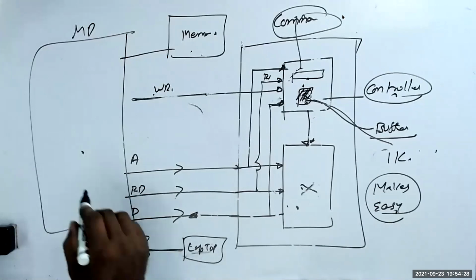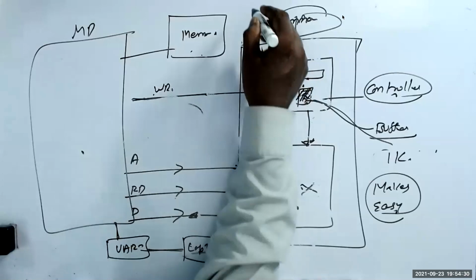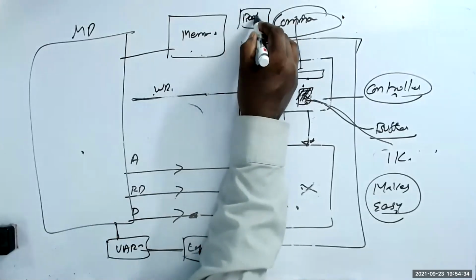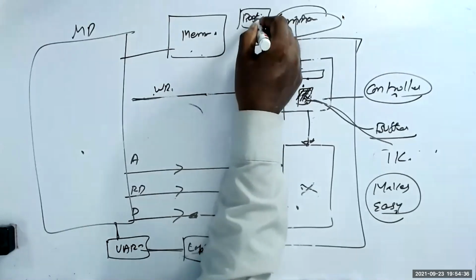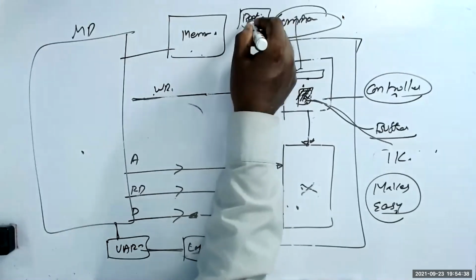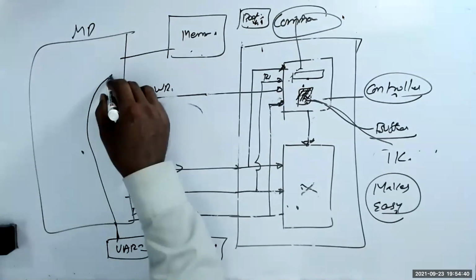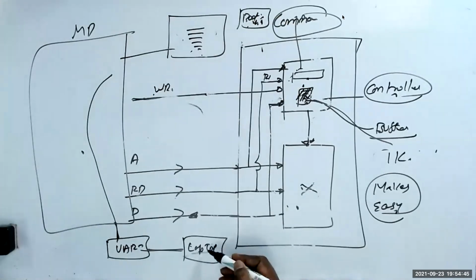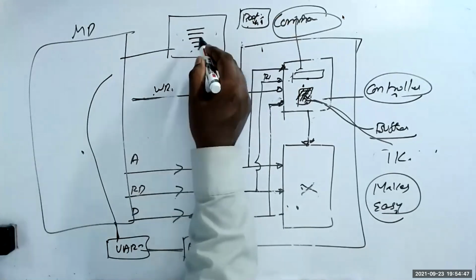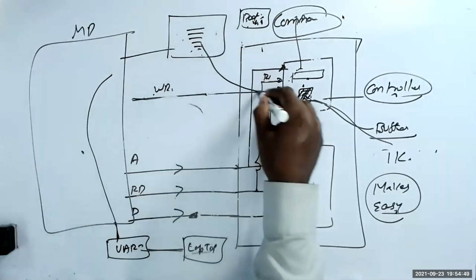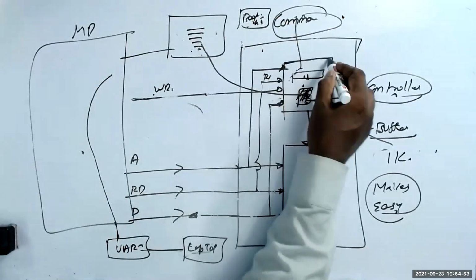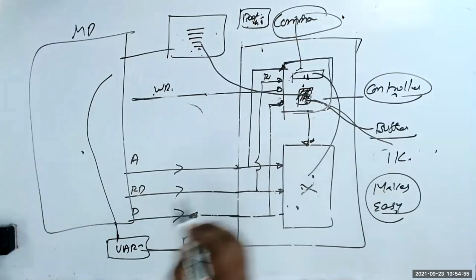Then I told you there is a boot ROM. The boot ROM program takes the data from the UART and puts it in memory first. From the memory, it copies to this buffer and tells the flash controller to program. That controller will do the programming.